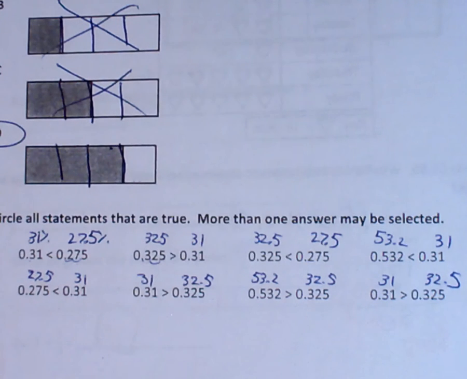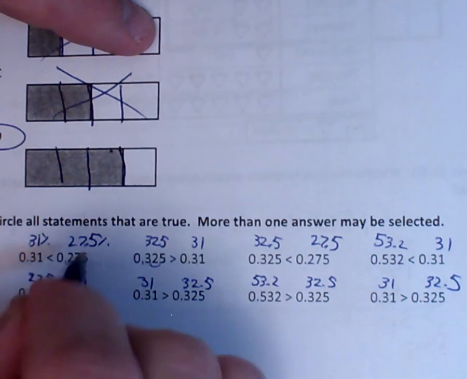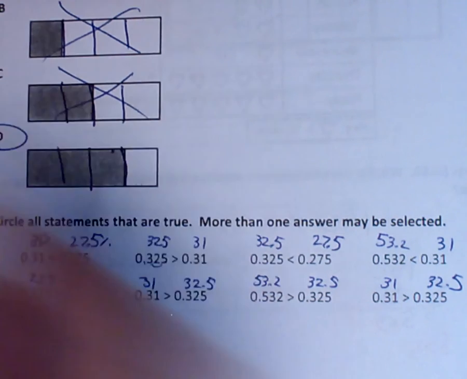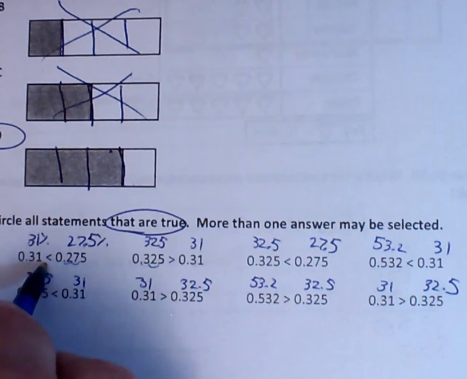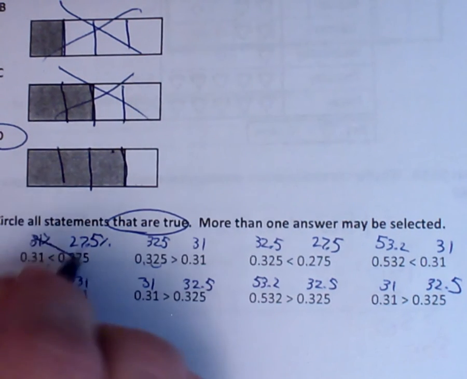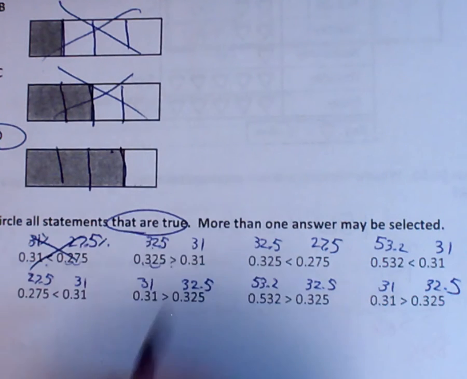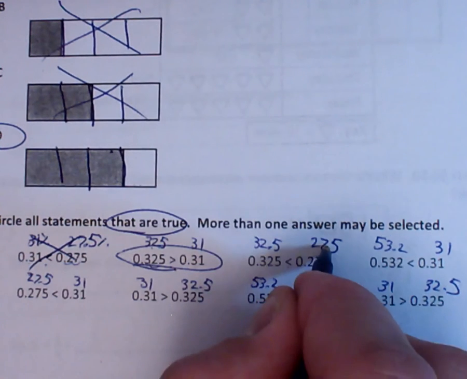All right, now we can go through and actually compare them. So 31 is less than 27.5. Is that true? No, it's false, and we need ones that are true. All right, is 32.5 greater than 31? Yes. Is 32.5 less than 27.5?